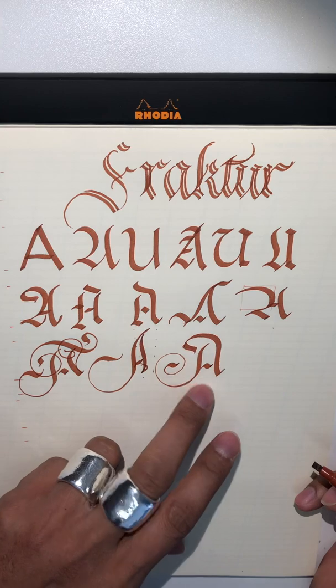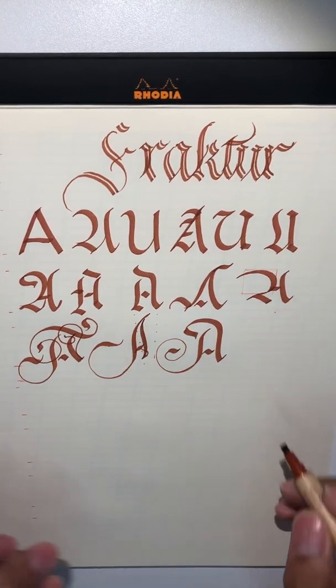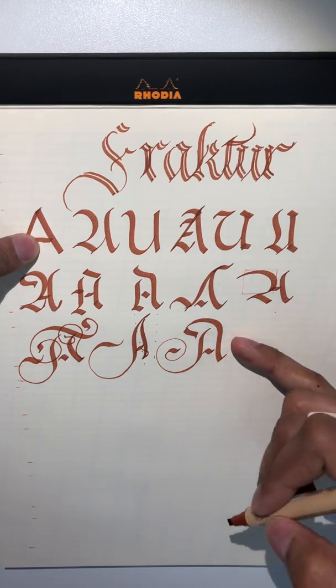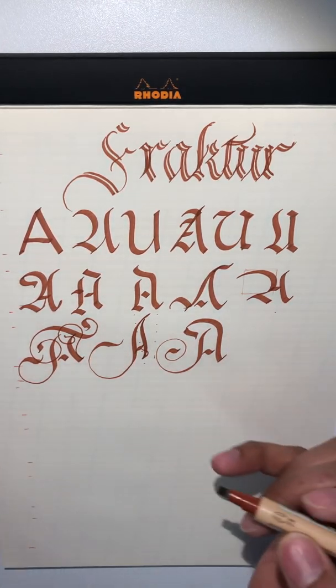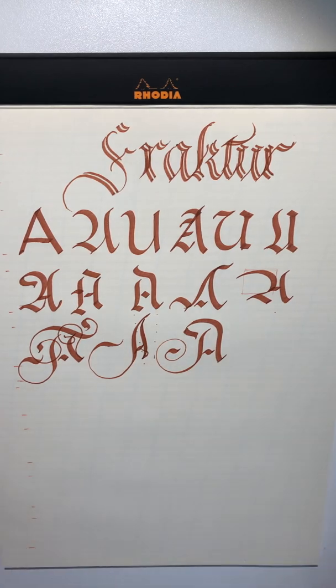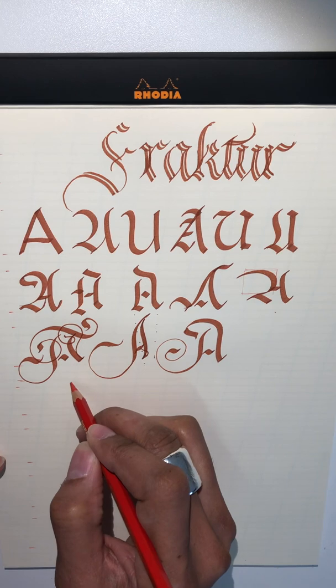And by looking at this shape, we can fiddle with this shape and take this A with some of this shape plus this flourish and start to play with them. So we know that we're looking for something more like this.